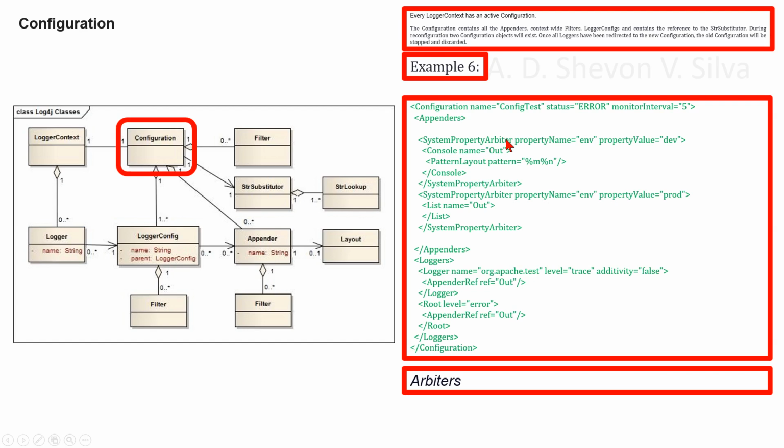Arbiters may occur anywhere an element is allowed in the configuration. So an arbiter can encapsulate something as simple as a single property declaration or the whole set of appenders or loggers.